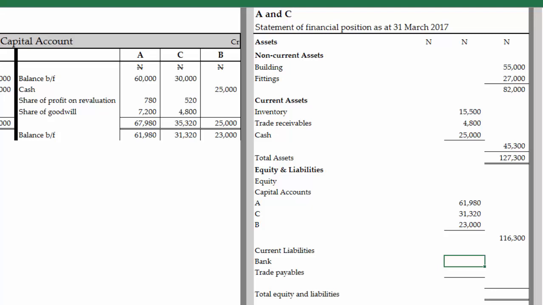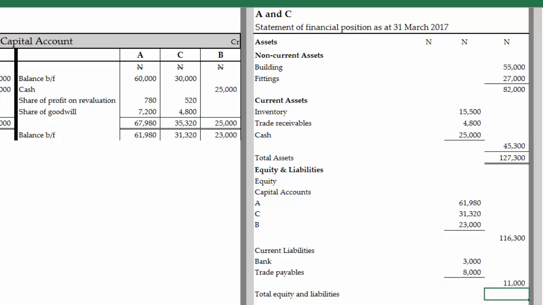So you are having a bank overdraft. I'm sure you remember that. And also we have trade payables of 8,000. So let's transfer the two. The bank is 3,000 being bank overdraft, and the trade payables is 8,000. The addition of the two gives 11,000.